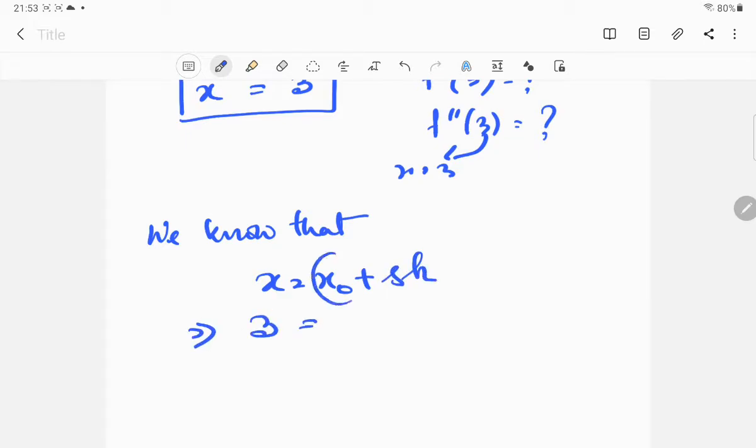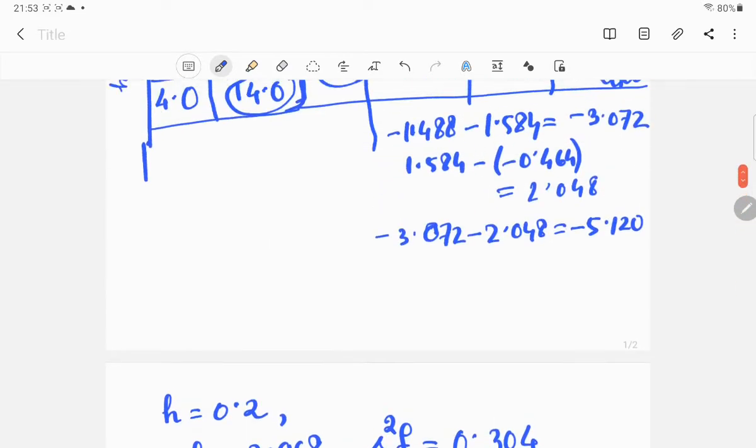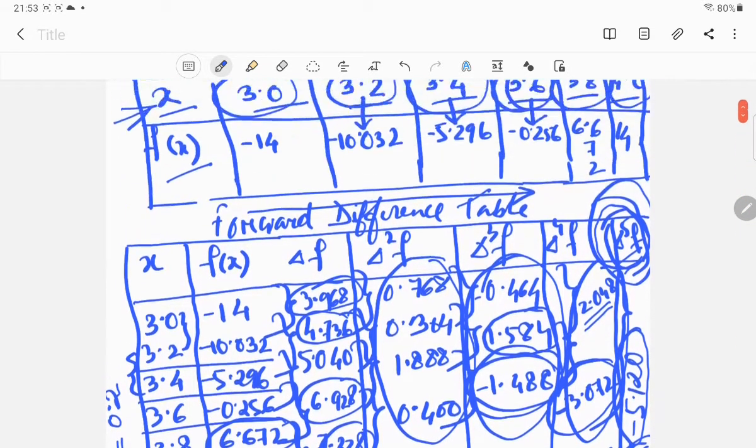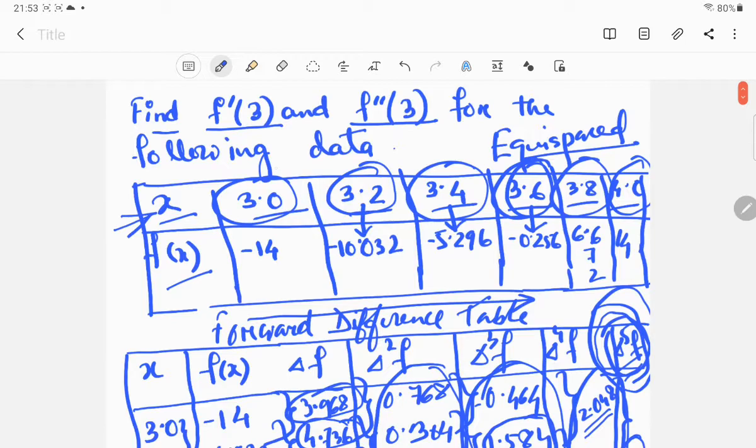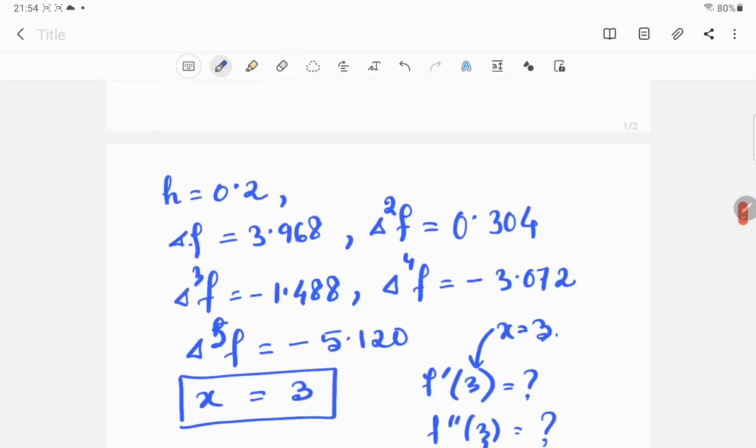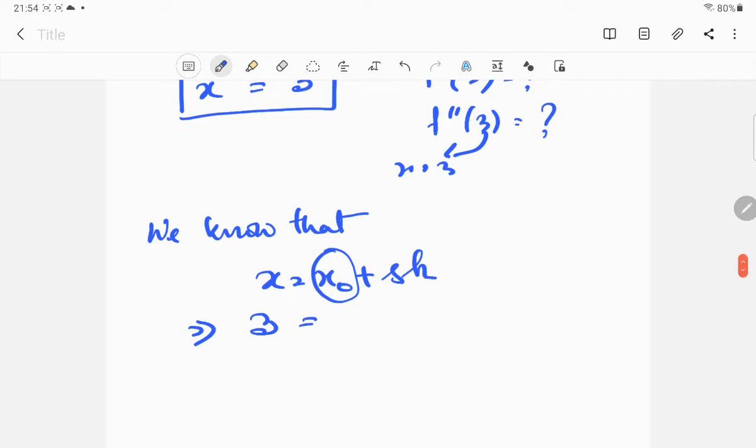What is x naught? Let us go to the table. This is x naught, this is x1, x2, this is x3, this is x4, and so on. So x naught is also equal to 3. x naught means the first term in the data table.